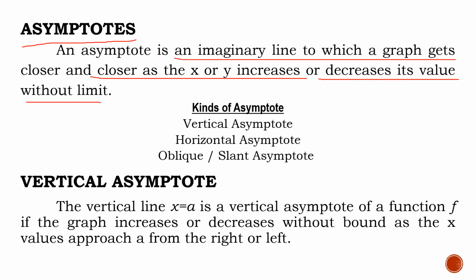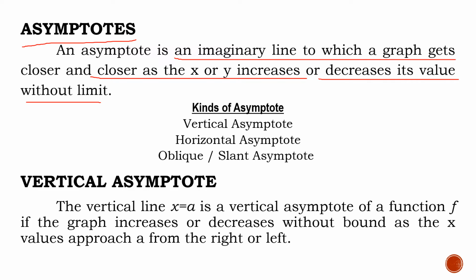Again, when we say asymptote, it is an imaginary line that gets closer and closer to your graph when your x or your y increases or decreases its value without limit. Because at some point, your asymptote is parallel to your curve, and that gives the idea that there is no point of intersection between your asymptotes and the curve that will represent your rational function.